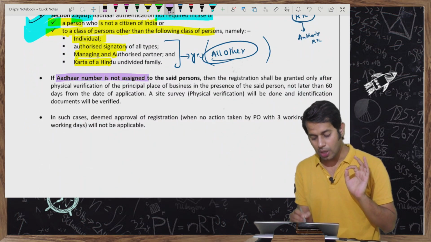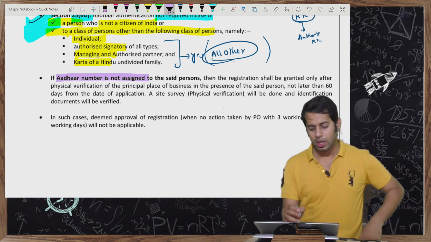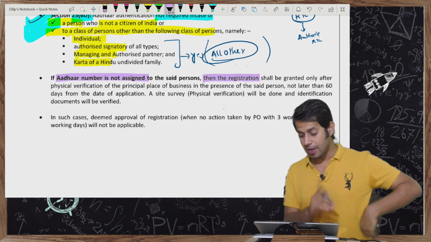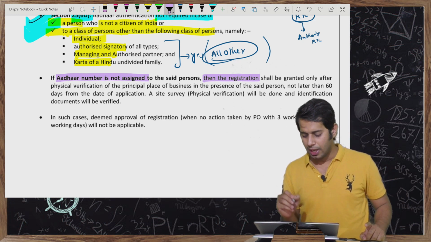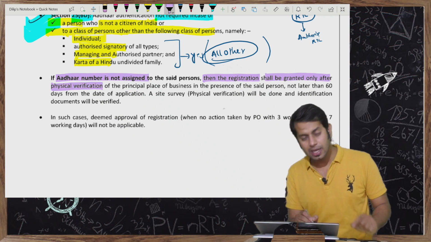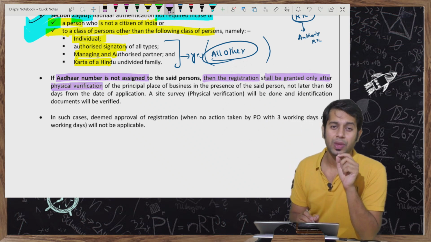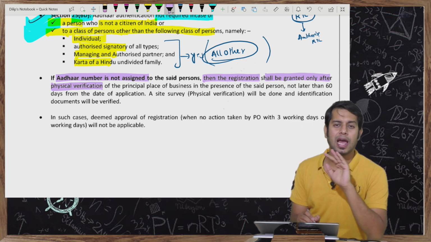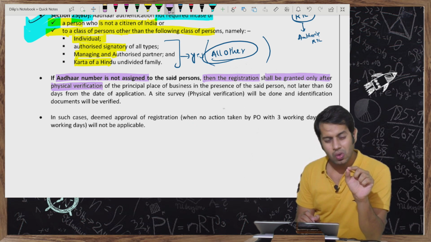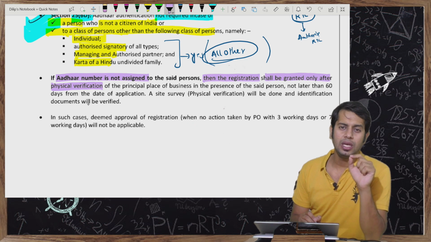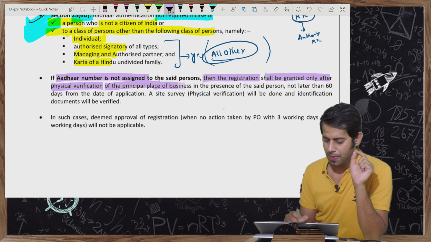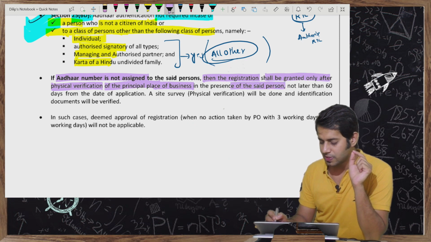Now, if an Aadhaar number is not assigned to a person, what will happen? Will the registration be granted, sir? Yes, the registration will be granted, but after some verification. The registration shall be granted only after physical verification. Very important. If you are a person who does not have any Aadhaar or whose Aadhaar authentication is not happening, then registration will be granted only after physical verification of the principal place of business in the presence of the said person.